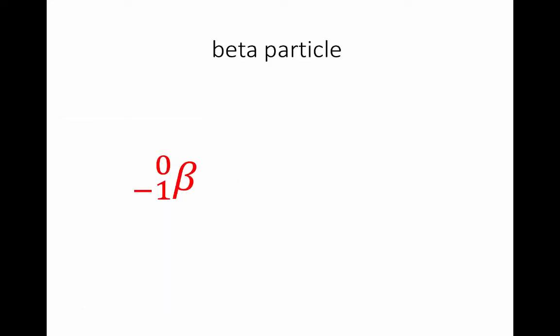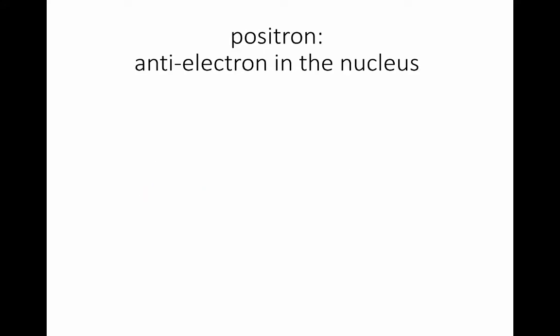So we could write a beta particle this way using the Greek letter beta and our 0 and minus 1 mass and atomic numbers. Or since it's an electron, we can write it as 0 and minus 1. And then you can see here's the symbol for an electron, an E with a minus sign showing that it's got a negative charge.